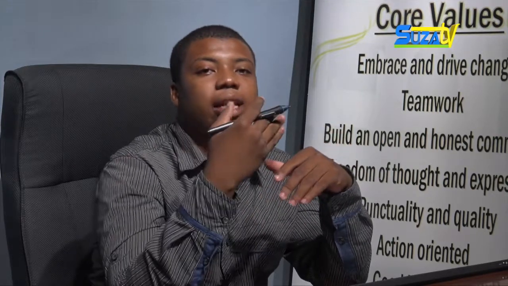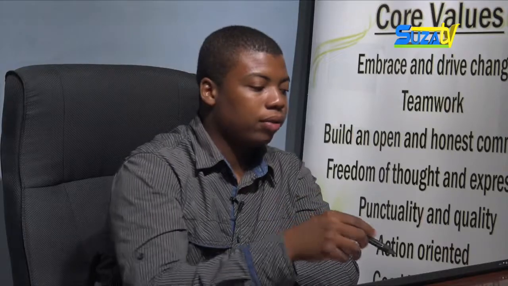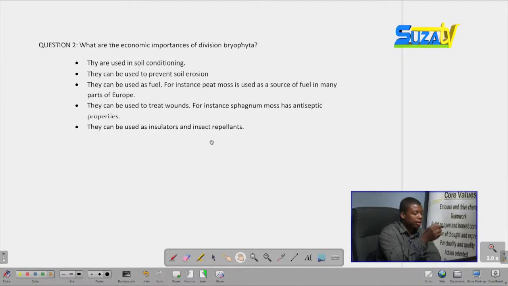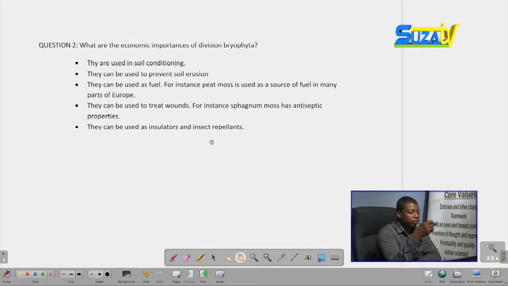But most of the time, when asked about economic importances, you start with the advantages, then look if there are any disadvantages and write the disadvantages. So for example, when answering a question like this, you can say first, they are used in soil conditioning.